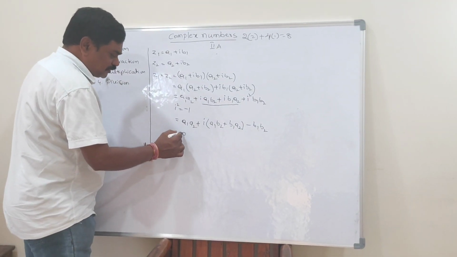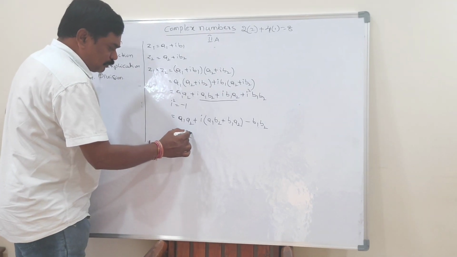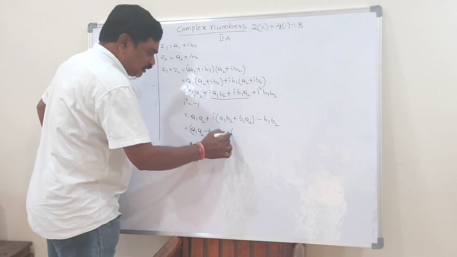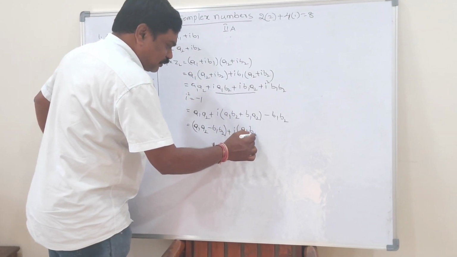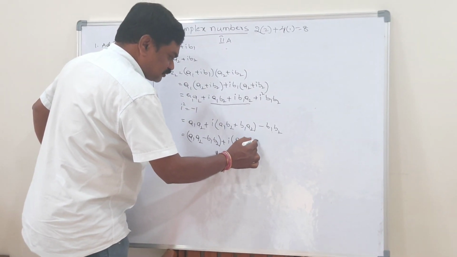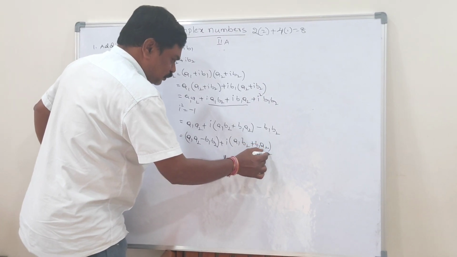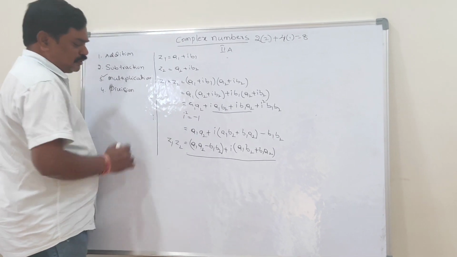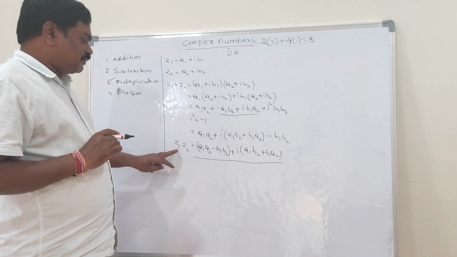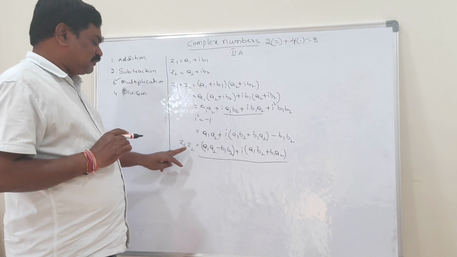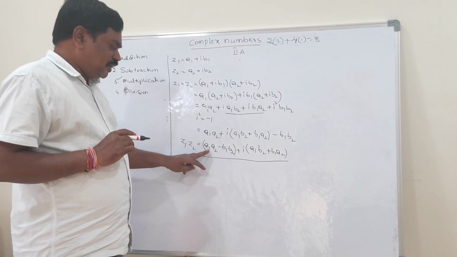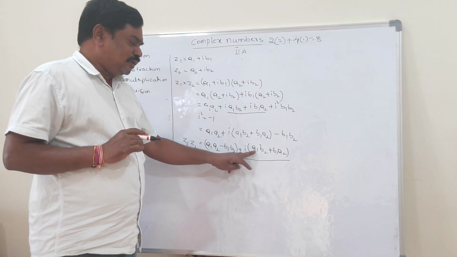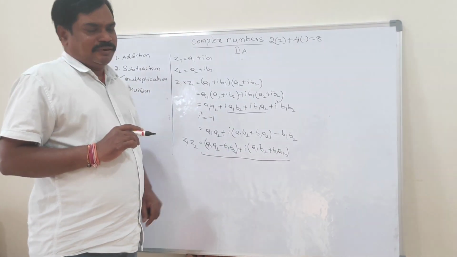So you can write a1 a2 minus b1 b2 together, plus i common, this is the imaginary part a1 b2 plus b1 a2. This is the multiplication of two complex numbers Z1 and Z2: Z1 Z2 is equal to (a1 a2 minus b1 b2) plus i into (a1 b2 plus b1 a2).